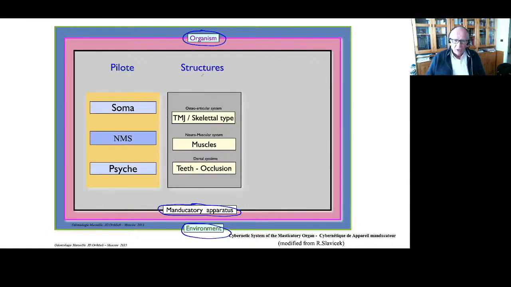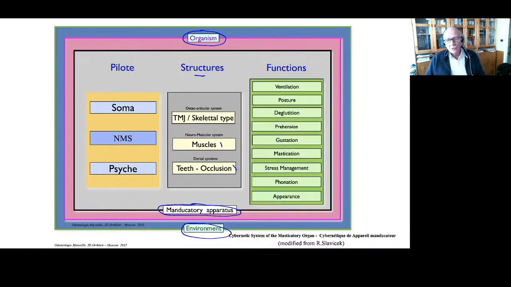The masticatory system has structures: skeletal and joint structures, neuromuscular structures, and teeth and occlusion. Those are the structures. And the functions. There are many functions, not only mastication.